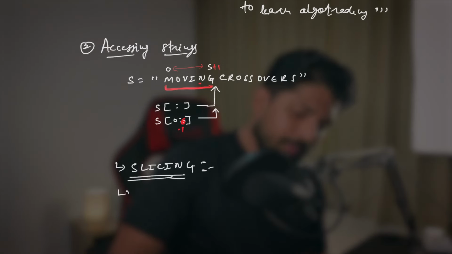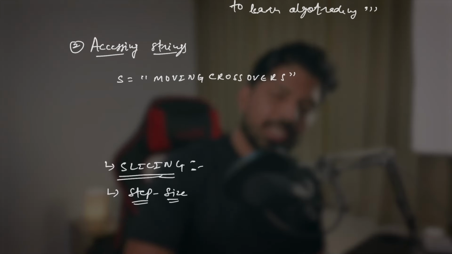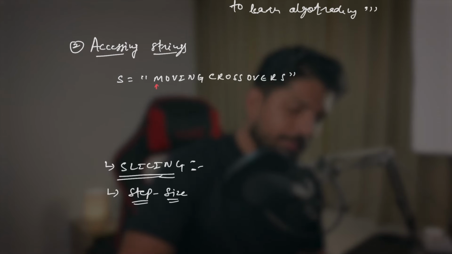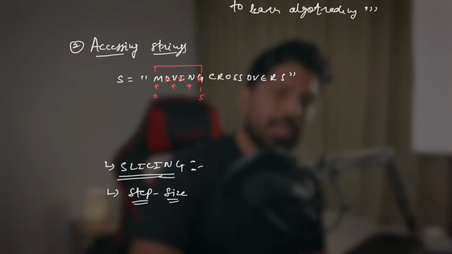Now there is another concept, that is step size. In step size, you want the output in steps, like you want m, then you want to skip o, then you want v, then you want to skip i, then you want n, correct? Means you want this part, but in that also you don't want these characters. You only want m, v, n. So how can we achieve that? As we already know, this m is at the 0th index and this g is at the 5th index, correct?